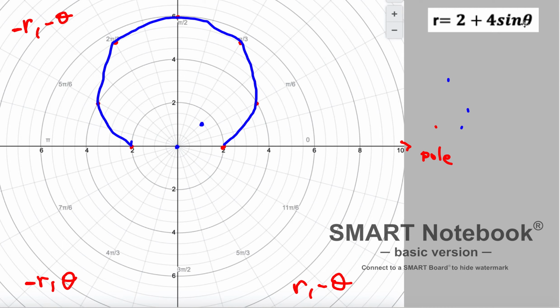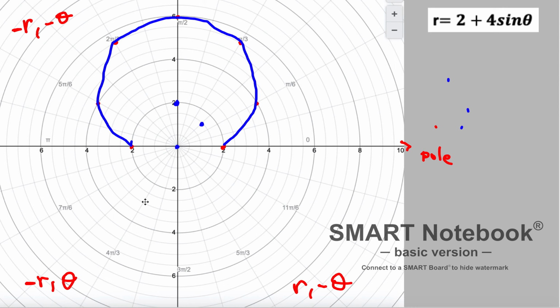For 3 pi over 2, the sine is minus 1. Minus 1 times 4 is minus 4, plus 2 is minus 2. But because it's a minus, it's going to be at this point here, on the opposite side. And as I said before, 5 pi over 3 gives us the same value as 4 pi over 3, a negative, and it goes to the opposite side.